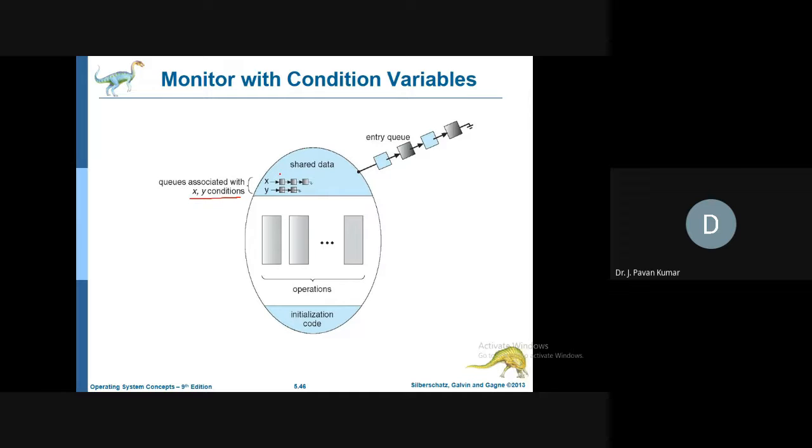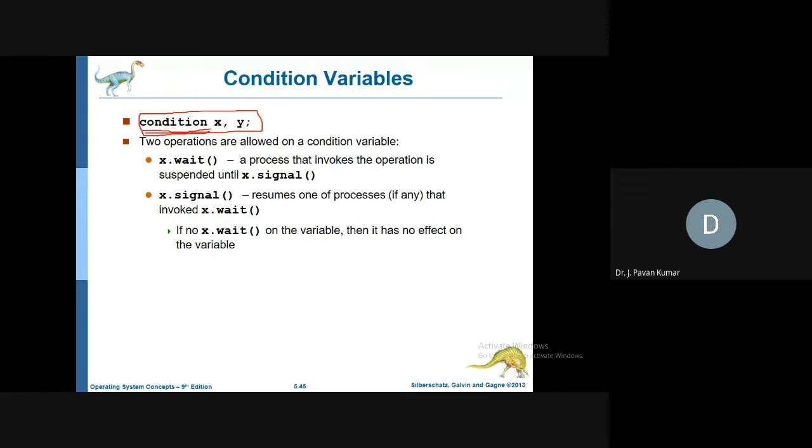That is the usage of condition variables. Here two operations are allowed on a condition variable: one is wait, another one is signal. See the difference between the wait and signal operations we have seen in semaphore and in this monitor, then only you will be able to understand. Otherwise it looks almost the same.